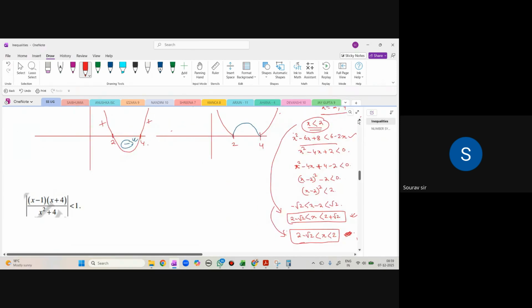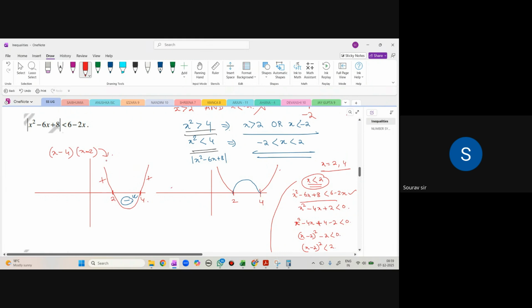Now you can also check the solution like this. Once you draw the graph, this is the graph of the left hand side. The graph of the right hand side will be a straight line with a slope of minus 2 and a y-intercept of 6. So y equals 6 minus 2x.